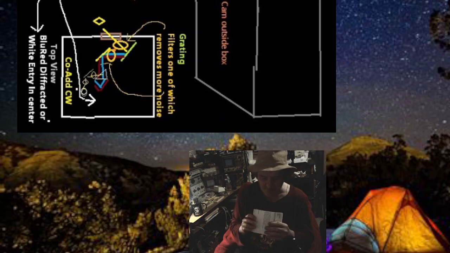So the beam splitter, the right triangle is on the left. Right triangle, the long side. Well, actually, it's an isosceles triangle, I think.